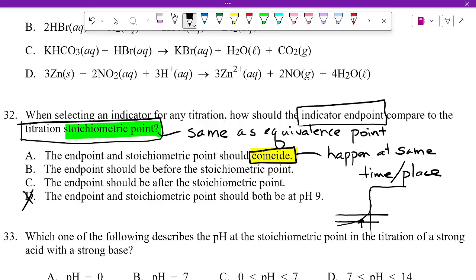We also don't want it happening after the equivalence point, up here somewhere. We want it to happen at the equivalence point. Yes? Excellent.